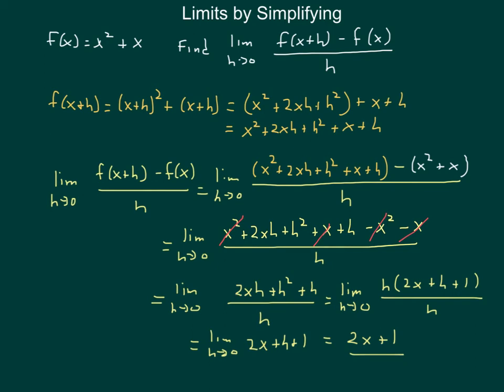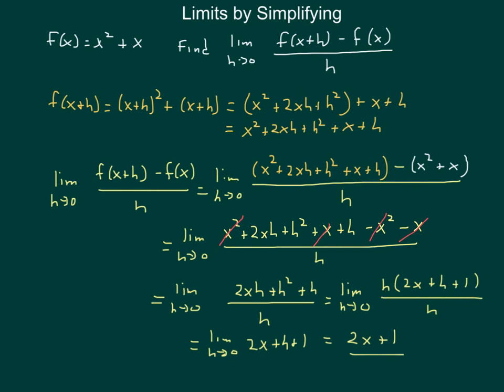So now this part right here will become the limit as h approaches 0 of my common factor h times 2x plus h plus 1. What do I multiply h by to get 2x? What do I multiply h by to get h squared? It's h. And what do I have to multiply h by to get h? We get the 1.